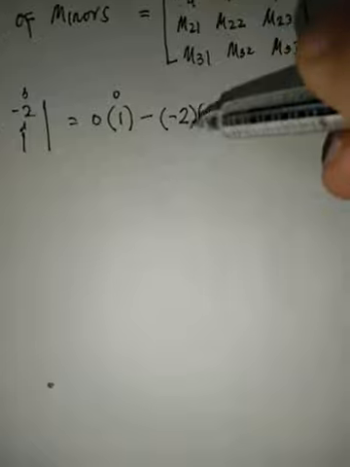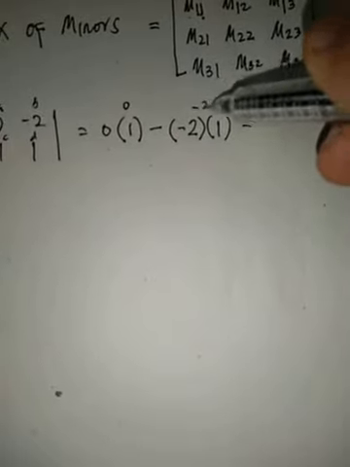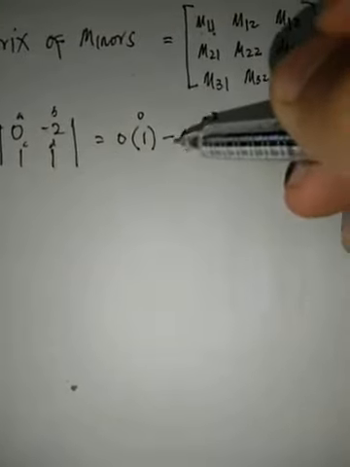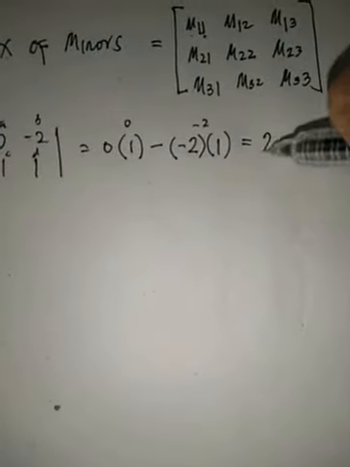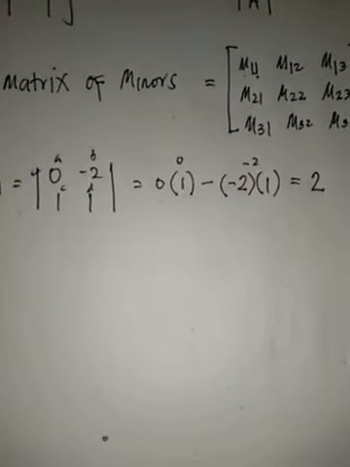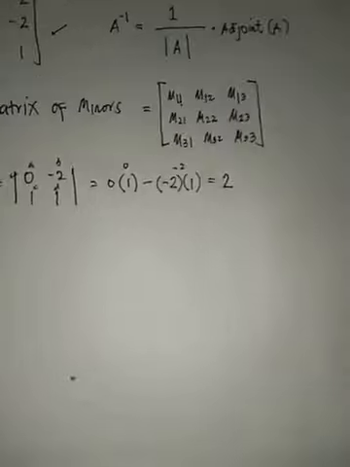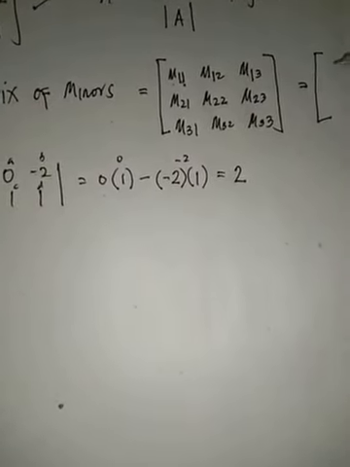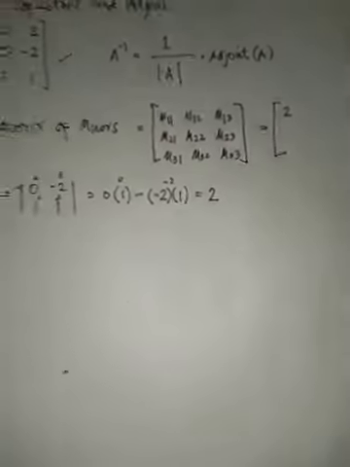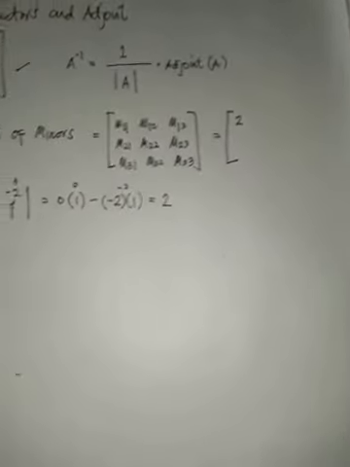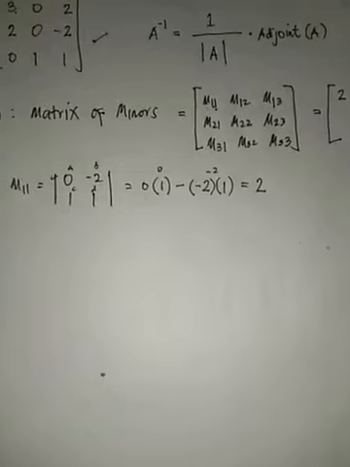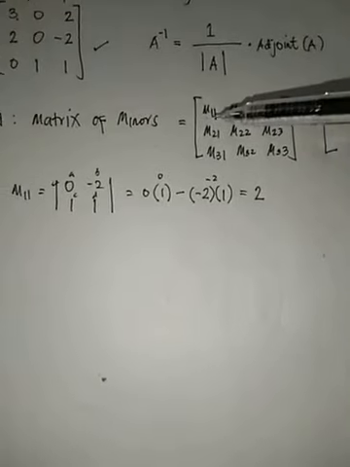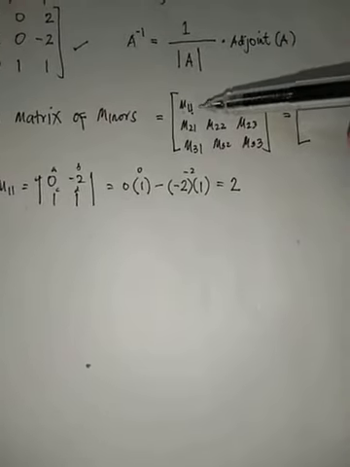Then, negative 2 times 1 is negative 2. So 0 minus negative 2, the result is positive 2. Okay? Tama? So, therefore, ang M11 natin is 2. Okay. Until makumpleto ninyo yung iba.